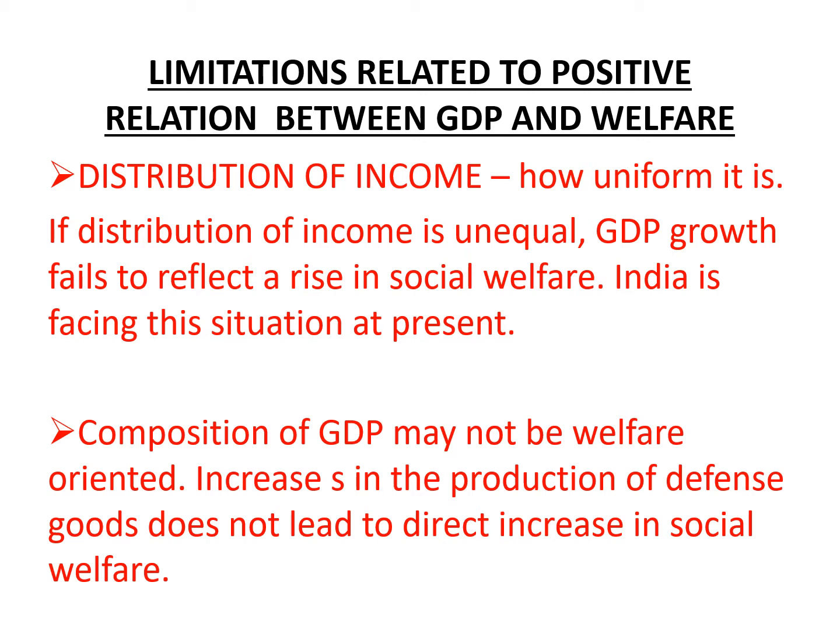On the other hand, if more GDP was concentrated towards the production of consumer goods, this satisfies the direct satisfaction of human wants, which leads to more social welfare. And that is why when we talk about composition of GDP, we say a greater proportion of the GDP should be concentrated on consumer goods rather than defense goods or capital goods, which indirectly satisfy human wants.